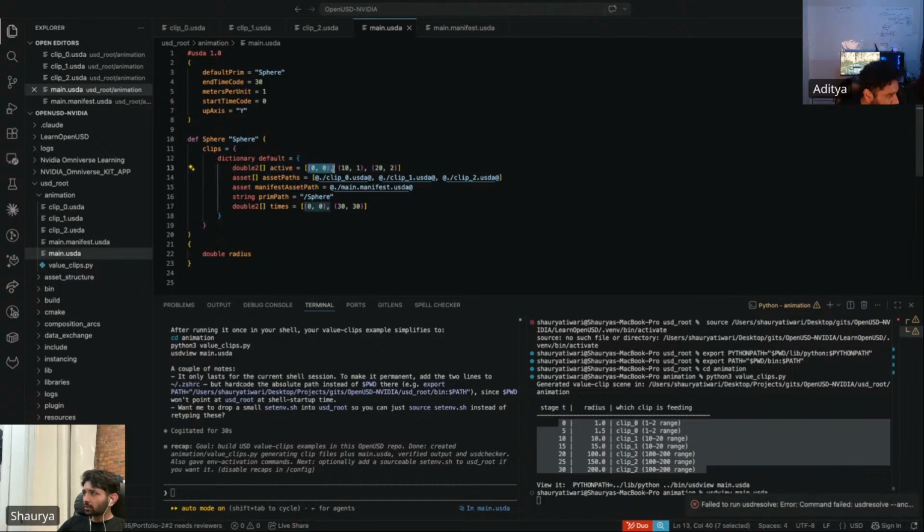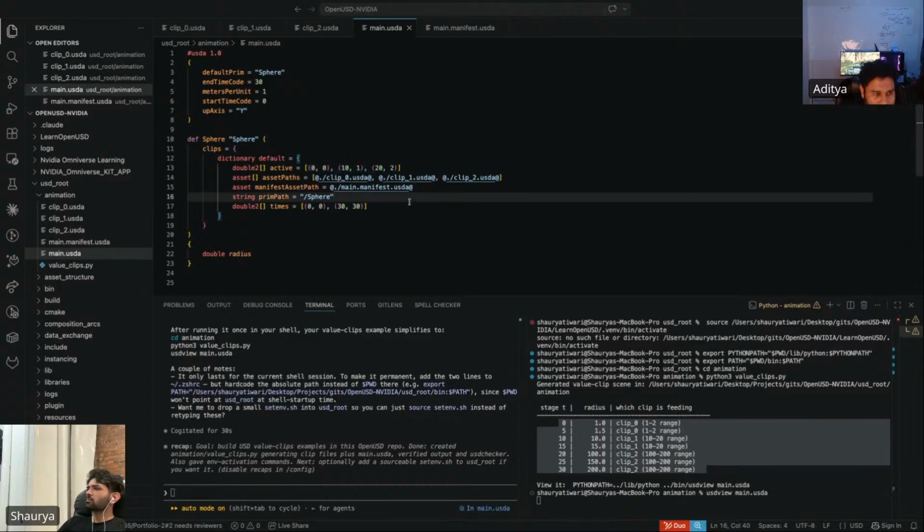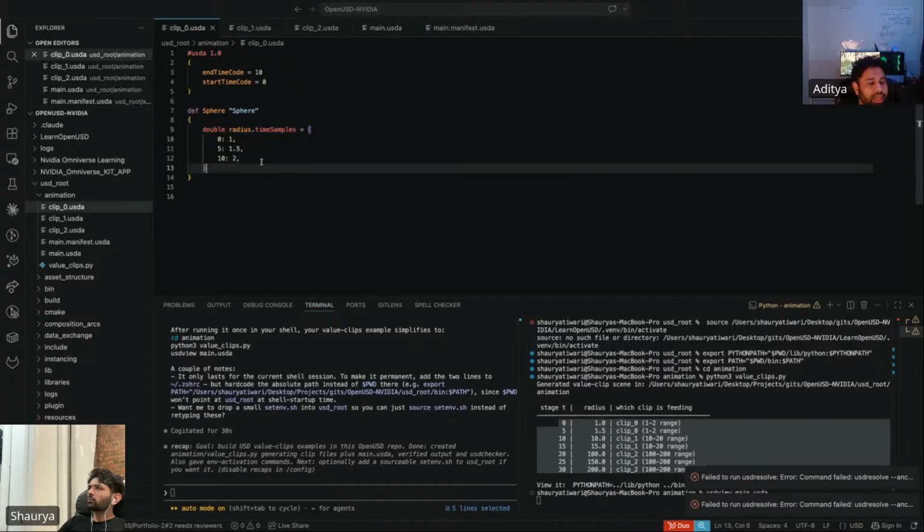I think this is the range over here, 0 to 0, 10 to 1, 20 to 2. What is this? Asset string. So I think the active would be the active values in that phase. I would assume 0, 0, 10, 1, because it did discuss clips active. Oh, it is talking about the range of the clips.